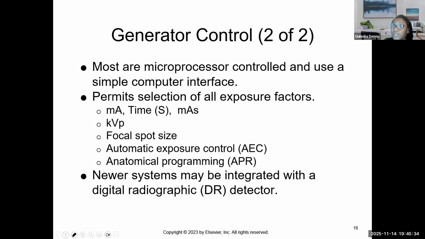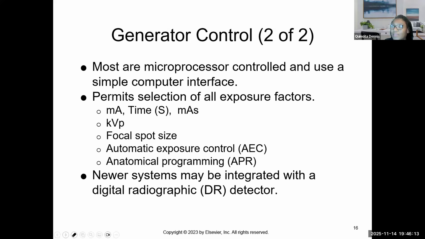The small one is used for detail, typically on smaller body parts where we need to see a lot of detail or bony trabeculae, like hands, extremities, etc. And then the large focal spot: even though we would love to use the small one on everything because we would love the most detail, with the amount of heat being generated for that exam, we need a larger surface area on our anode for heat dissipation. So larger body parts usually trip over to the large focal spot.